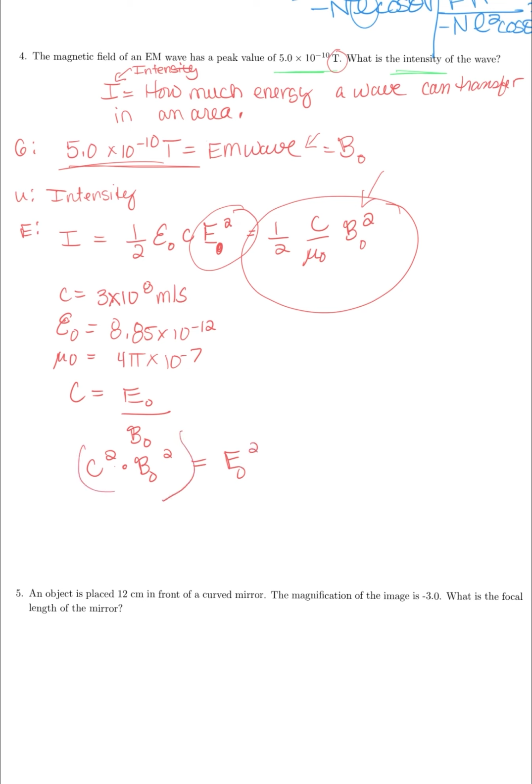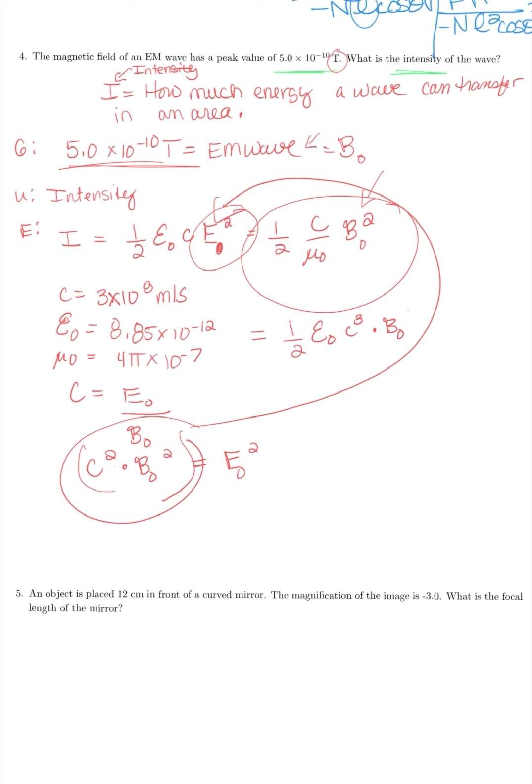So you could also take this and plug it in right here. That would give you an equation of 1/2 epsilon naught times C times C squared, which is C cubed, times B naught squared. It just depends on what you're given. That would equal I as well.